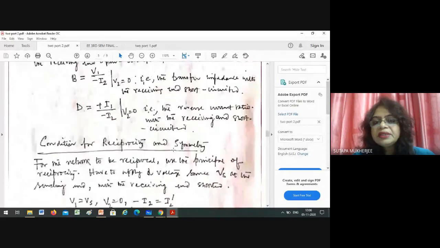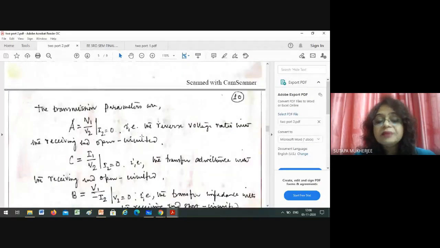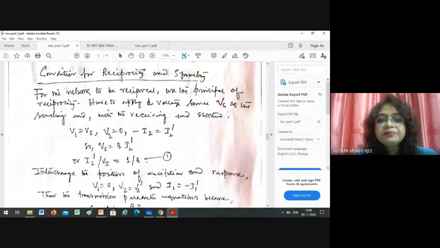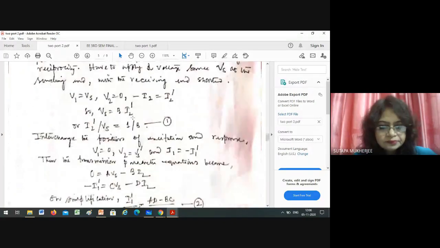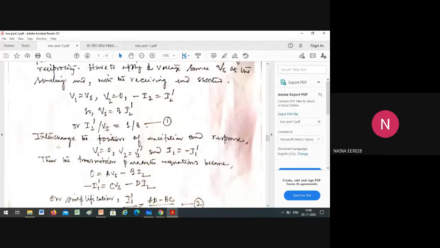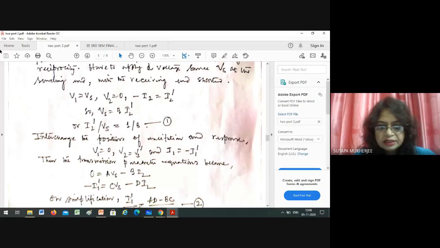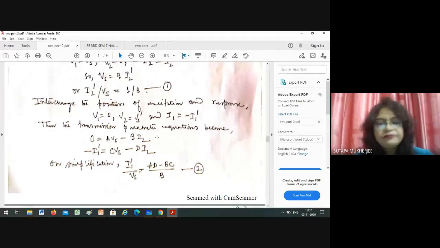On the basis of the equation and the condition, you have to derive the condition for reciprocity in different parameters. You interchange the position of excitation and response, and ultimately you get the condition for reciprocity and the condition for symmetry.